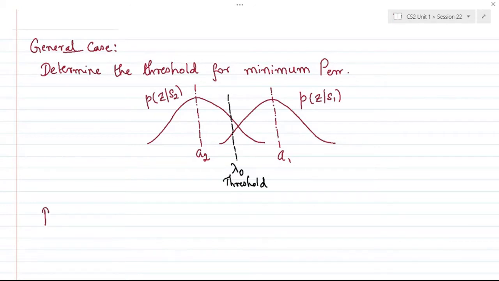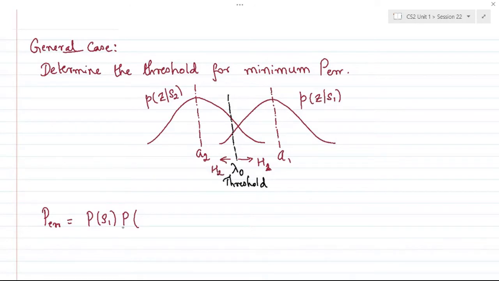So the basic definition of probability of error is what we had done in the last class as well. It's the probability of S1 transmitted symbol times the probability of having a test statistic under the curve, if I say this as hypothesis region H1 and this as H2.